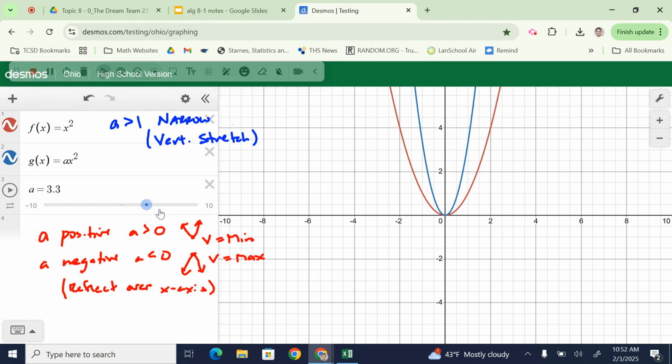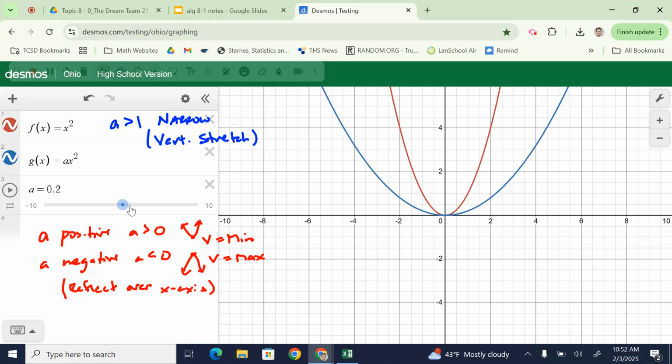Now I'm going to reset my slider back to 1. Now, if I stay positive but I go less than 1, now look what happens. My blue graph is now wider. So now, if a is less than 1, your graph gets wider, and we call that a vertical shrink or compress.